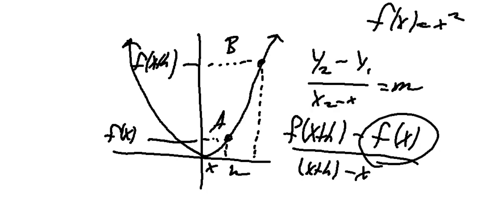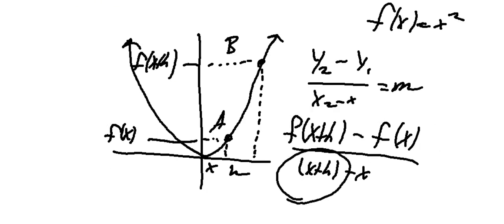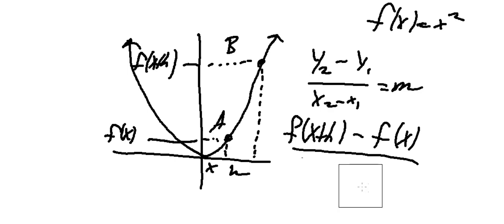F of x is our second y value, lower y value. X plus h is our bigger x value, or x2, and our x1 is just x. So we can simplify the denominator here, and we are left with, on the denominator, just h.